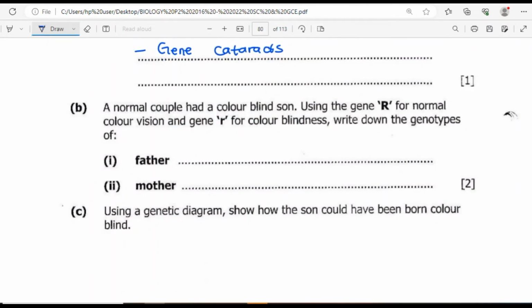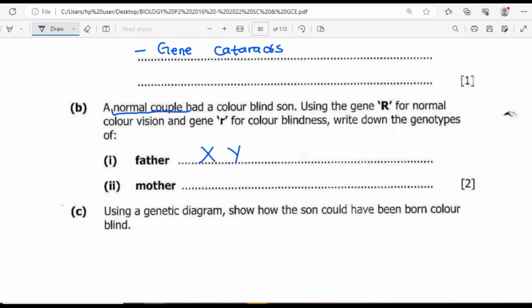A normal couple had a colorblind son, using the gene for normal color vision and a gene for color blindness. Write down the genotypes of the parents. The father must be XY. If you hear that a normal couple had a son who is affected, it may be color blindness, or maybe hemophilia, sickle cell anemia.